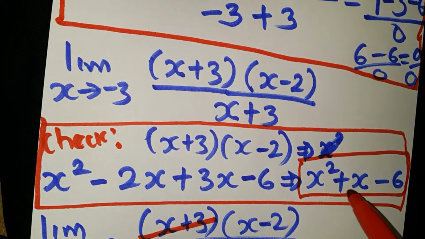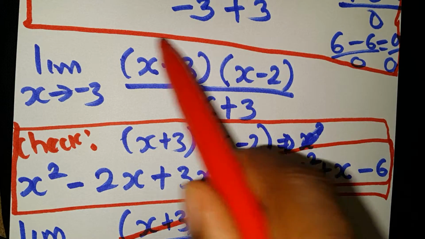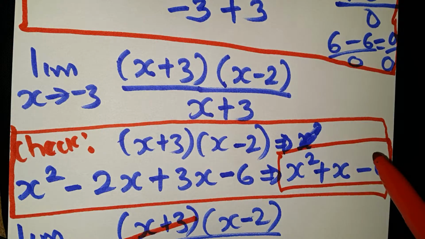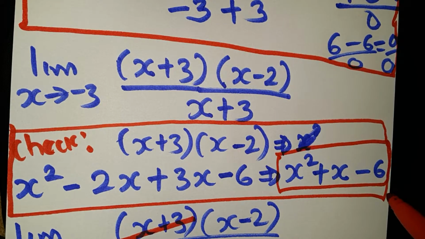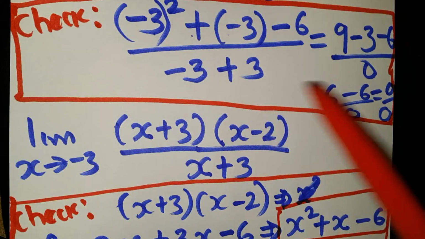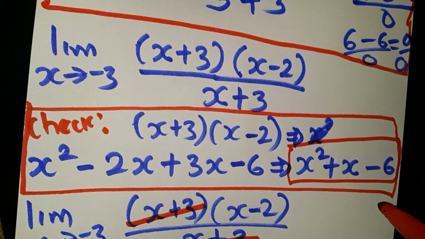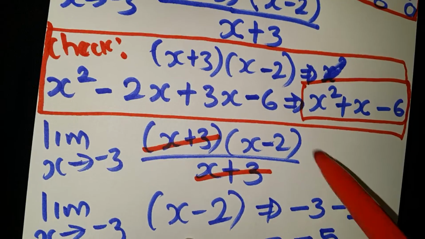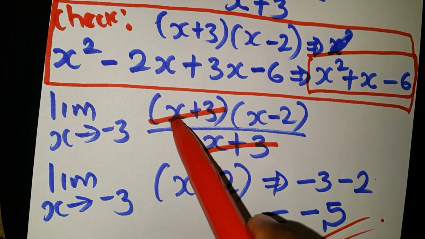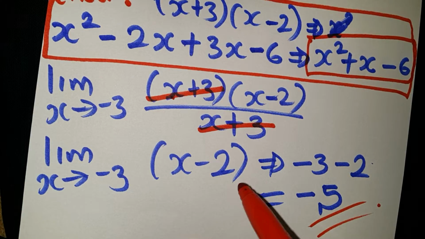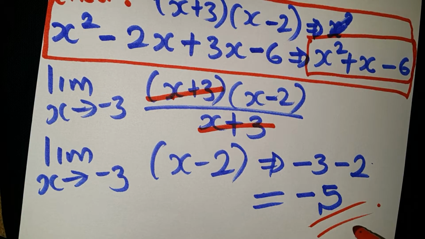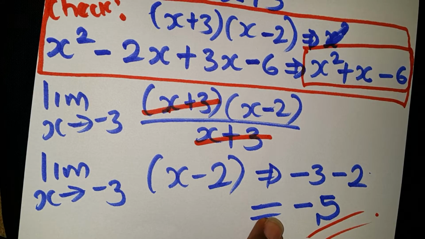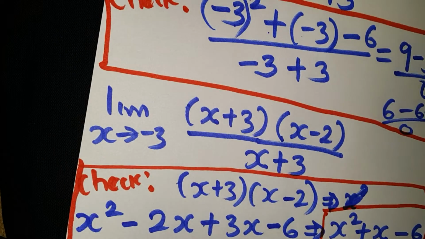I checked if my expansion is correct by checking the function and also the expansion, and I noticed that it is correct. So I move on. I use the expansion. This and this cancelled. I have x minus 2 left. I plug in my minus 3 and I found out that my answer is negative 5.